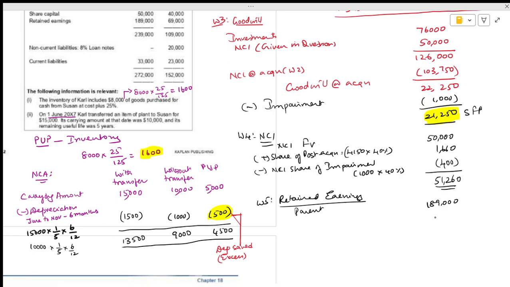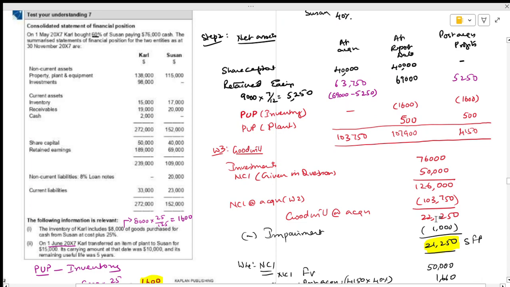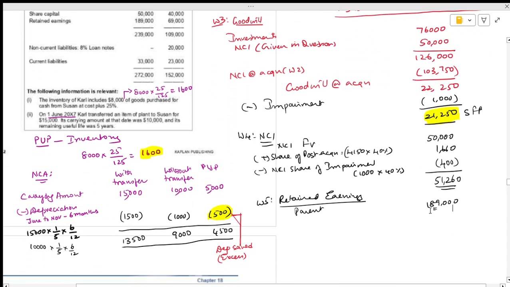Next. We already have the portion. Is it right? Share of post acquisition.